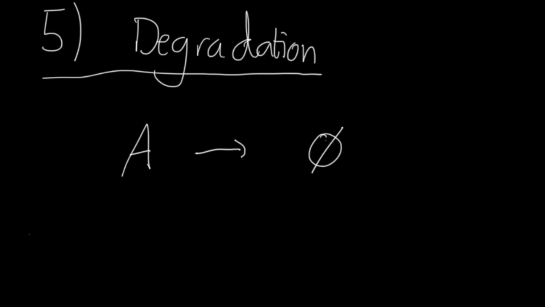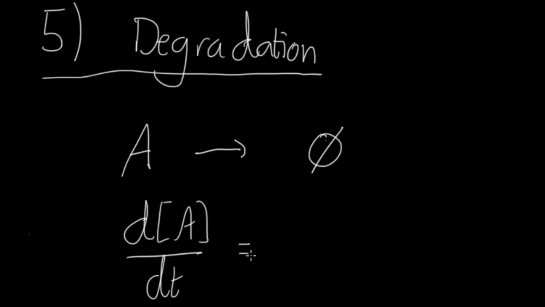And so in this case, we can simply write dA by dt as we have done before. Instead of using K, we use delta for degradation in general. This is the nomenclature that's used, delta.